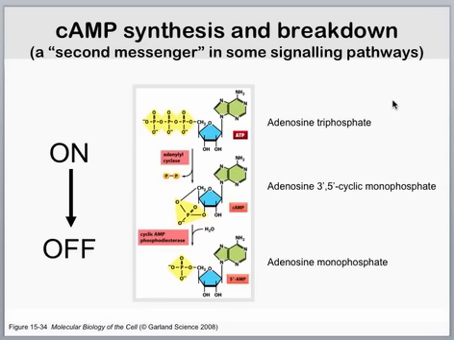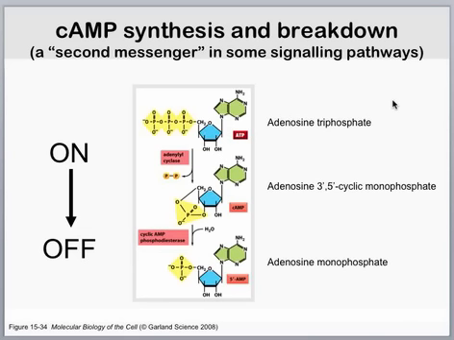Okay, so when we talk about cell signaling, when we talk about the signal binding to the receptor, there's a terminology that then says the second messenger in the signaling pathway is whatever it might be. Typically cyclic AMP was referred to as a second messenger.